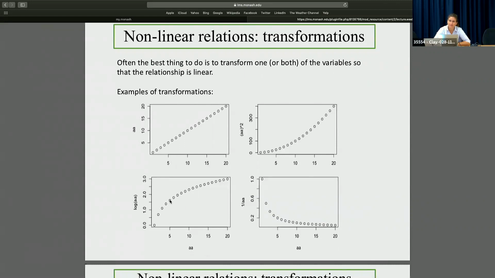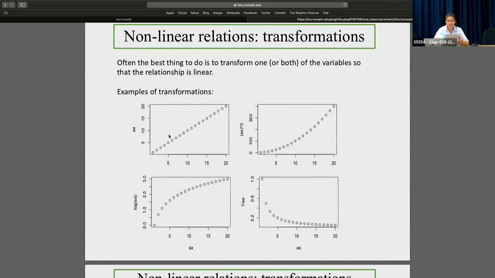AA is my variable, and if I plot it against AA, I'll get, of course, a perfect linear relationship between the two. AA squared against AA would look like that. 1 divided by AA against AA would look like that. Log AA would look like that. And what I'm trying to do is make it look like this one up here.